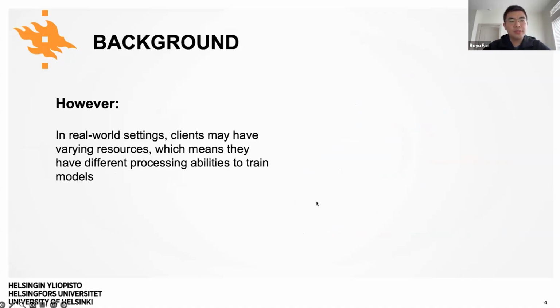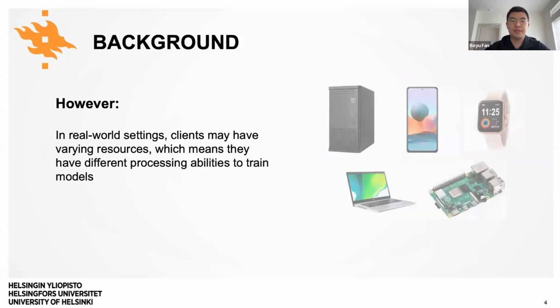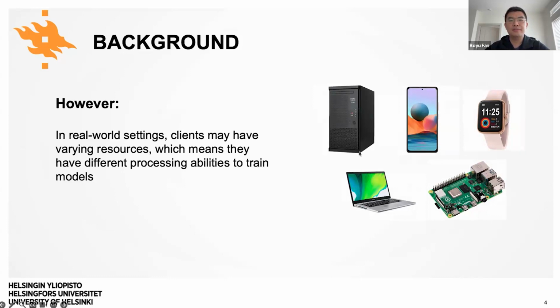However, in real-world settings, these clients might have varying resources, which means they might have different processing ability to train models. Some devices might have very powerful resources, like a GPU-equipped server, but some of them might be purely resource constrained, like a Raspberry Pi. So several problems will arise.